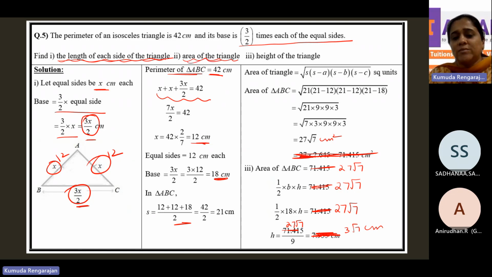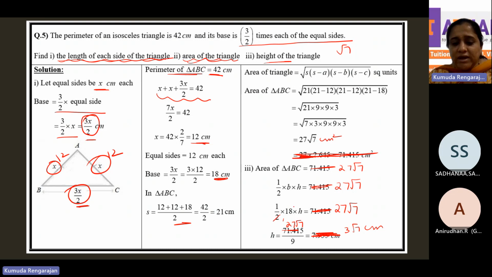So we'll have to use Heron's formula and find the area. You stop here at 27√7 centimeters square, because the value of √7 is not given to you. Then you'll have to find the height of the triangle. How do you do that? Area of the triangle is 27√7. Half base into height is equal to 27√7. Half into base 18 into height is equal to 27√7.